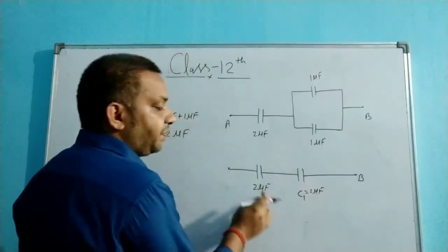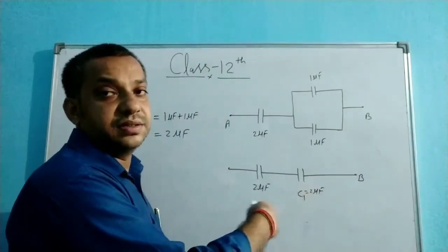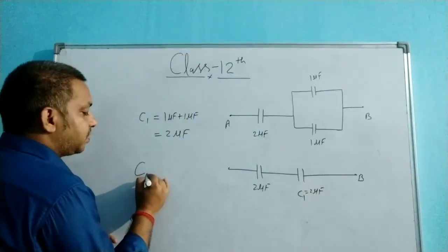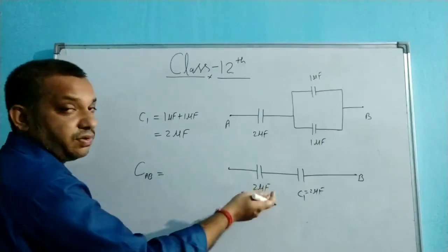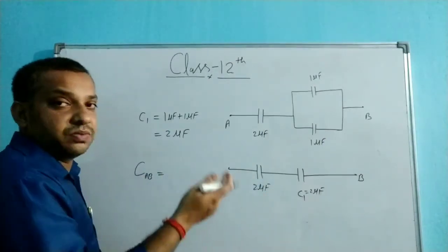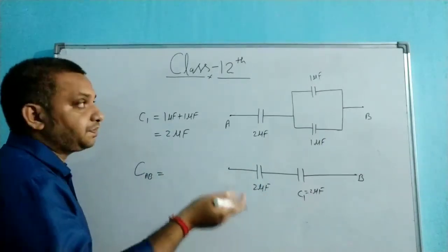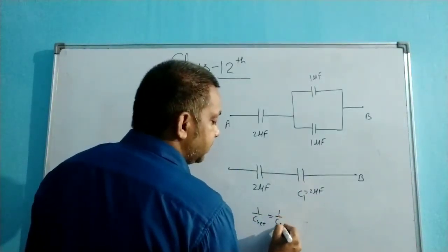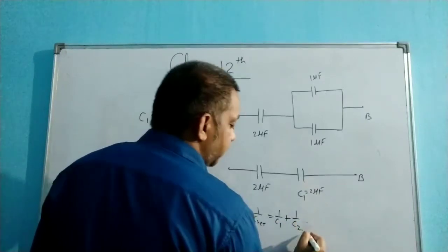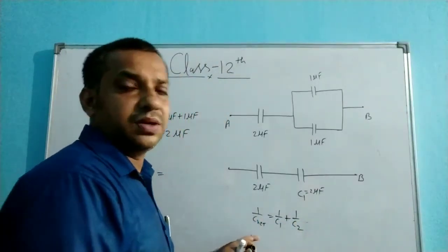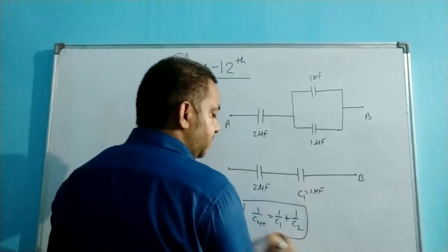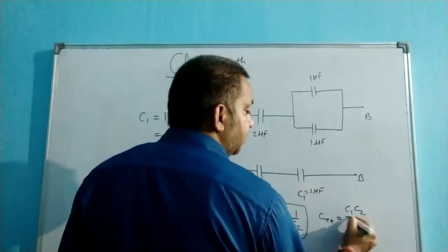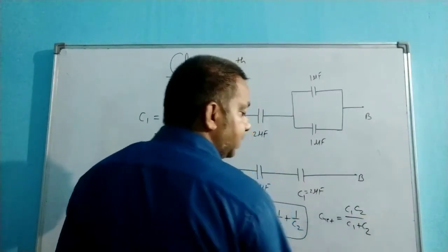Now you can see that these two capacitors are connected in the series combination. So what is the total C net across AB? You will write the formula for the series combination: 1 upon C net is equal to 1 upon C1 plus 1 upon C2. It is better to memorize the formula not in this form. You should memorize the formula like this: C net is equal to C1 C2 upon C1 plus C2. Both are the same.